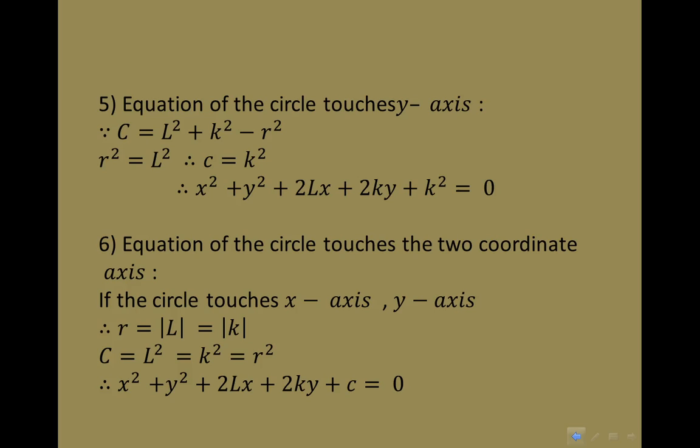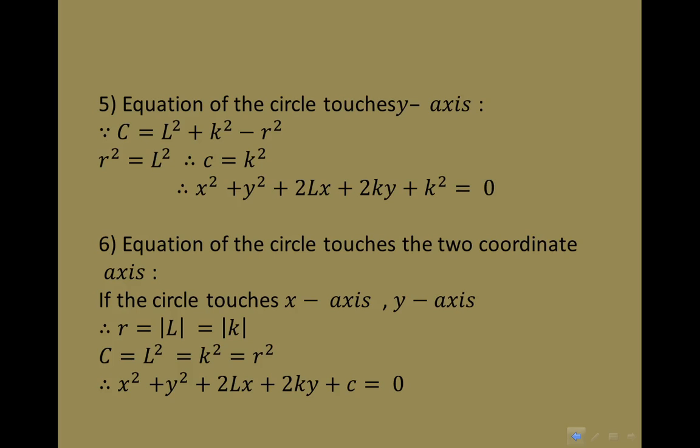Number 6, equation of the circle touching the two coordinate axes. If the circle touches the x-axis and y-axis, therefore r equals the absolute value of L equals the absolute value of k. Take care. If the circle touches the two axes x and y, therefore its center lies on the line whose equation is y equals x.